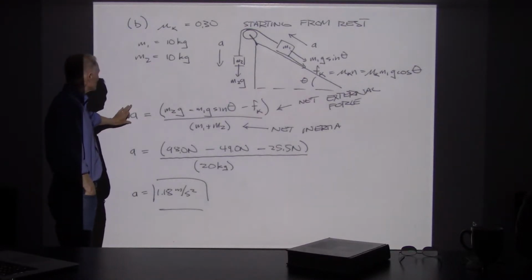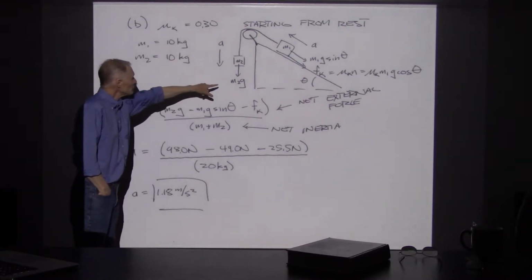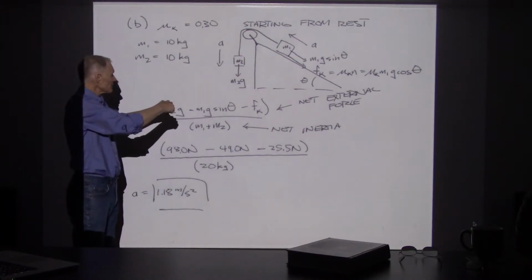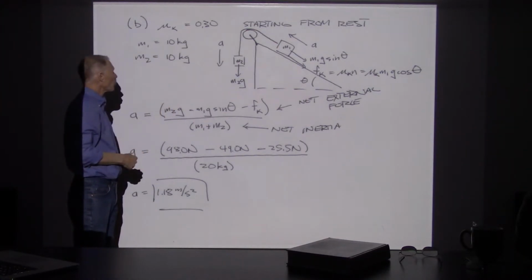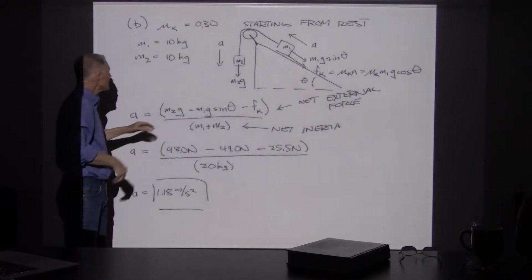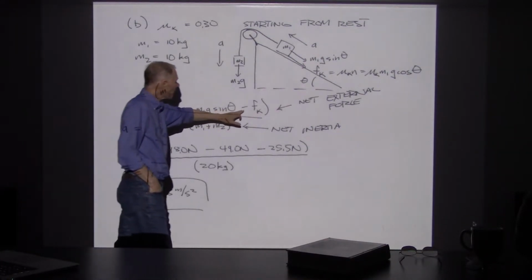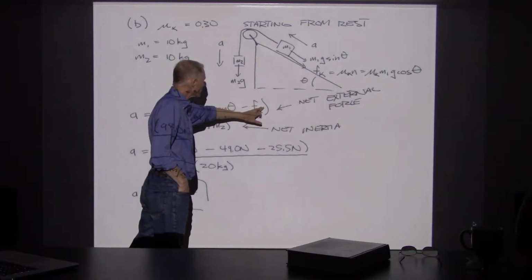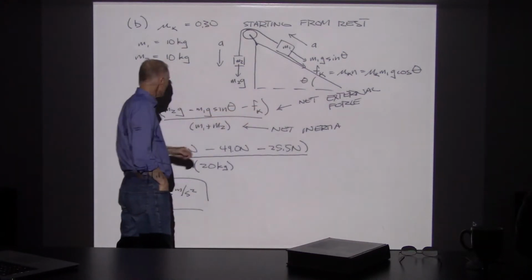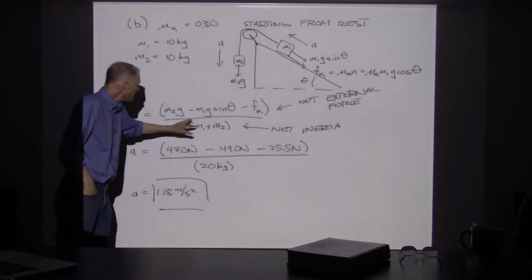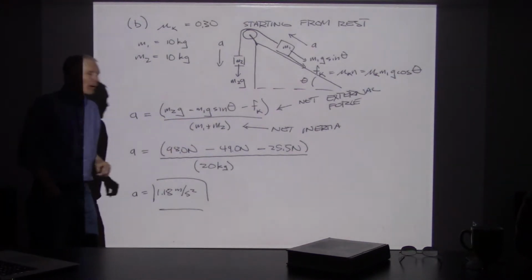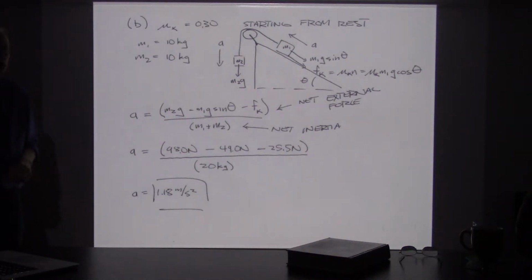So the acceleration will depend on m2g, which is driving this, the largest force here, minus m1g sine theta, and then minus the force due to kinetic friction. And then this is going to get divided by m1 plus m2. That's the net inertia, and up above is the net external force.